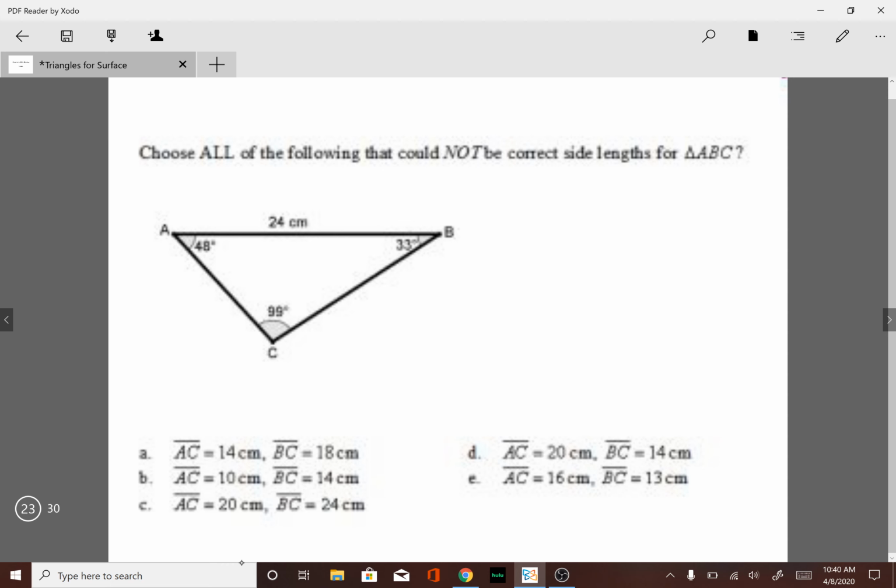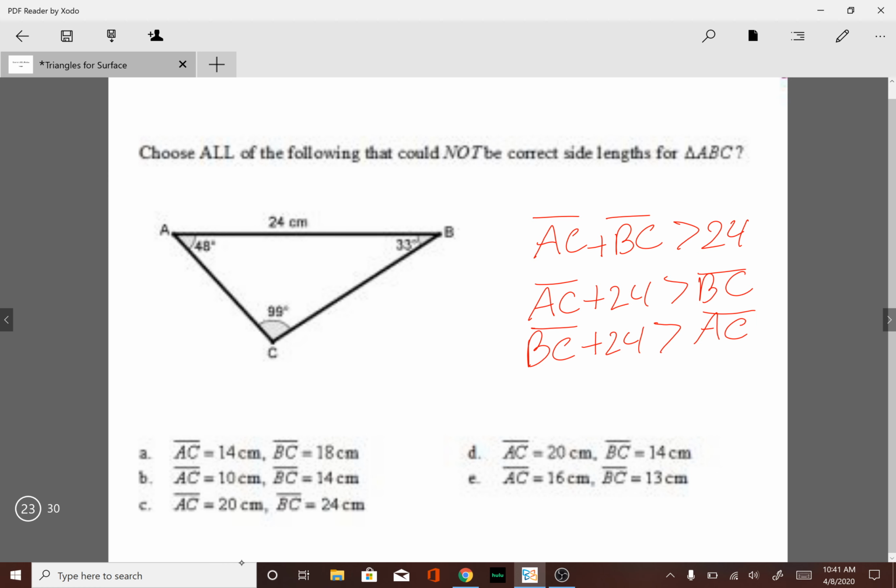That has to be true. If we add AC plus 24, it needs to be greater than BC. And BC plus 24 has to be greater than AC. So we need to make sure that all these statements are true for it to work as a triangle. So if AC was 14 and 18, well, 14 plus 18 is going to be greater than 24, so that works out.